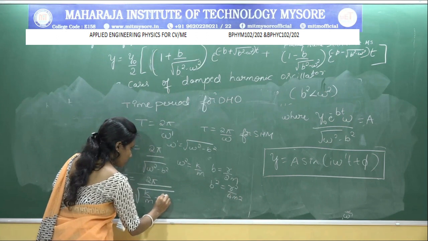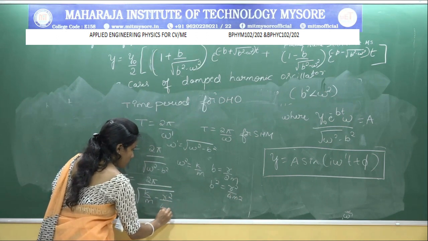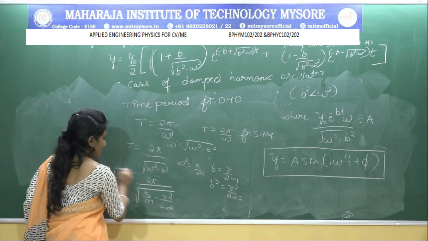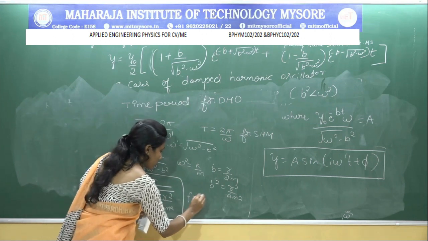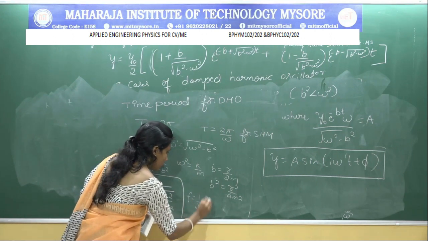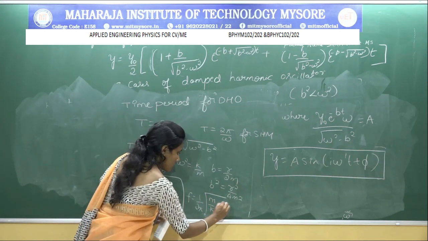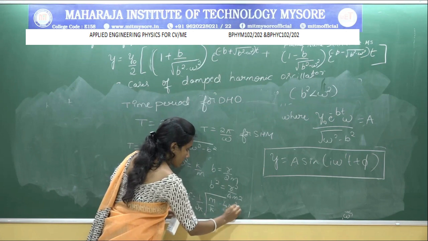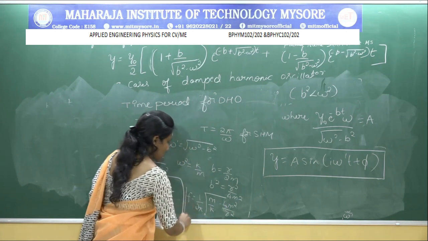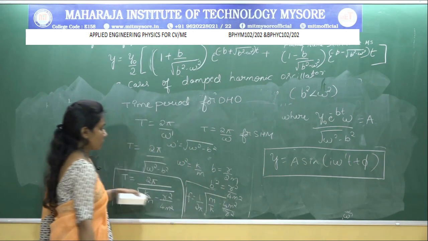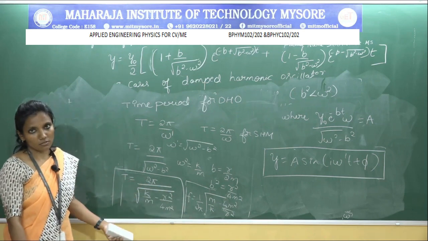So we will get r square by 4 m square. This is the time period. And the frequency is f equal to 1 by 2 pi root of k by m minus r square by 4 m square. So this is the frequency for the damped harmonic oscillator.